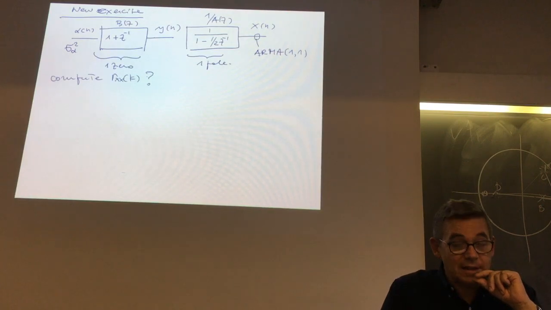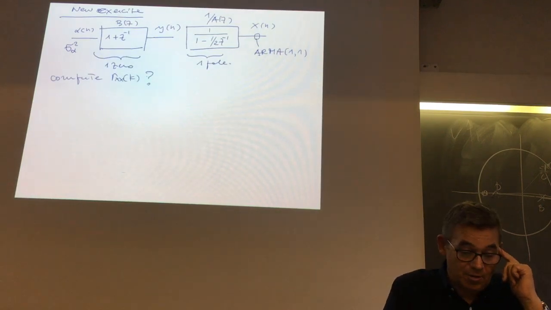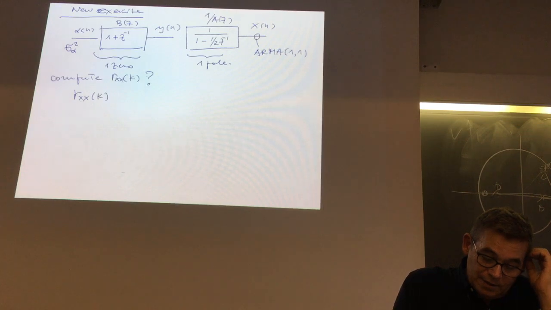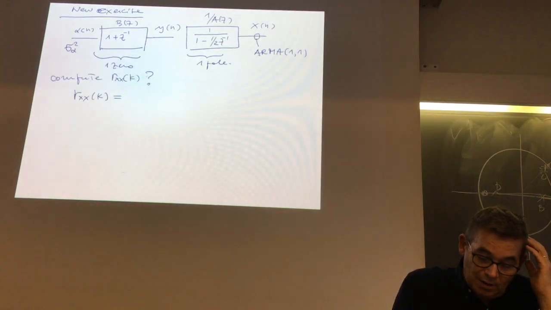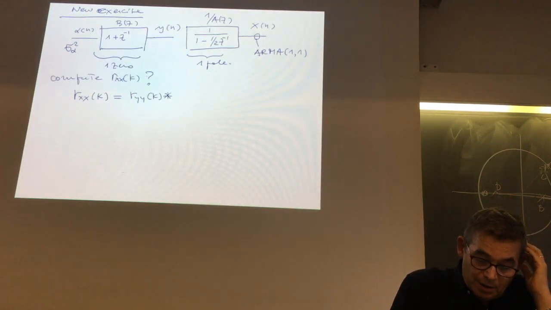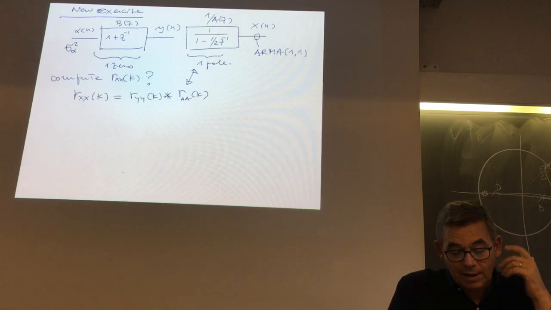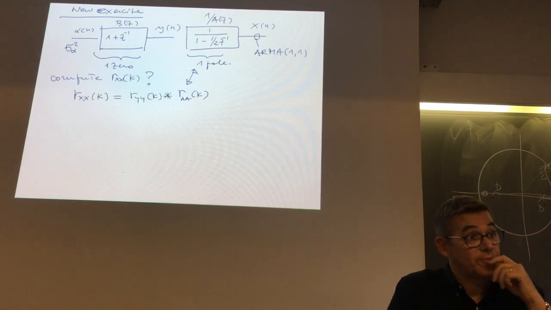If I need to calculate the autocorrelation of the output, my way to compute is the following. If I need to calculate Rxx k, this is equal to Ryy k convolved with RAA k, which is the autocorrelation of a filter that contains poles.